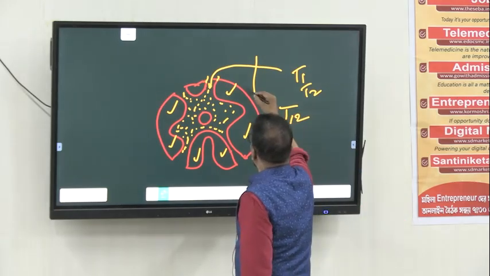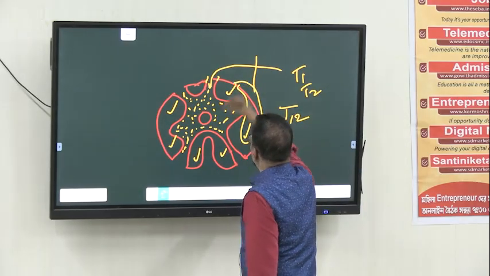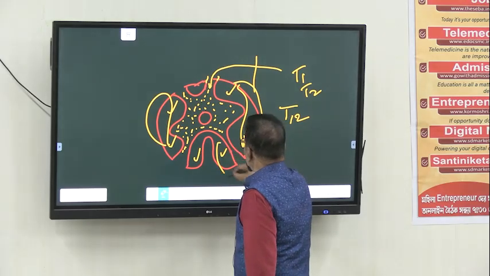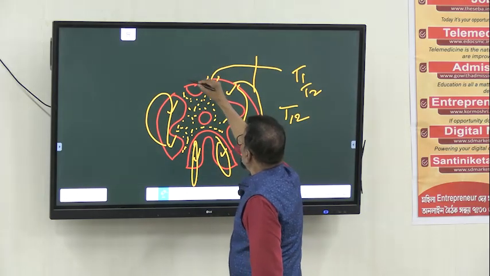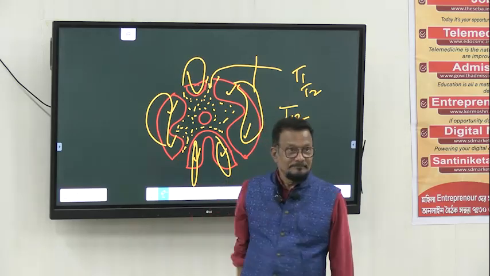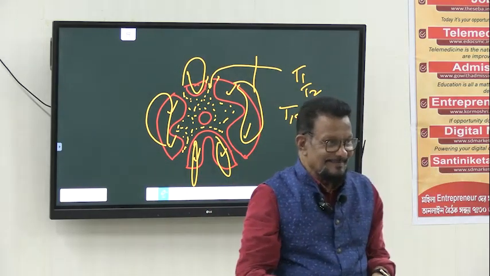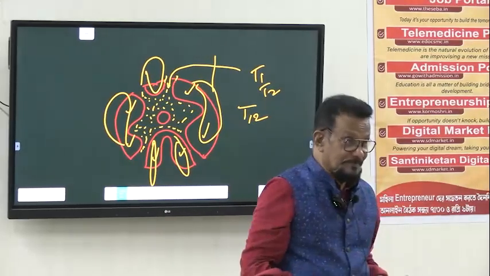This is the lateral column, this is the anterior column, posterior column of descending nerves. Descending means motor nerves.